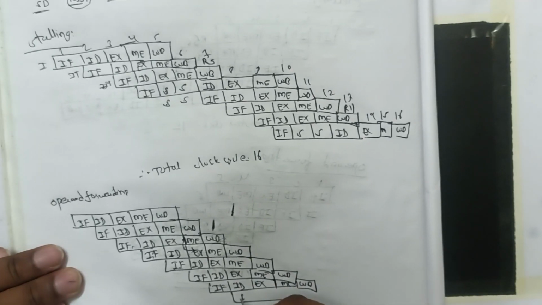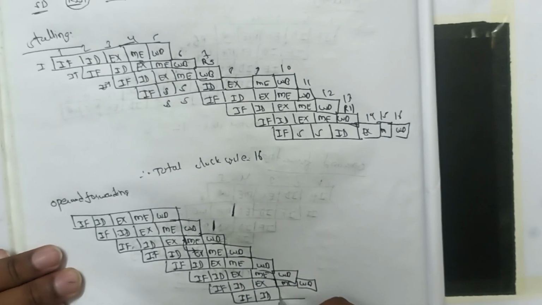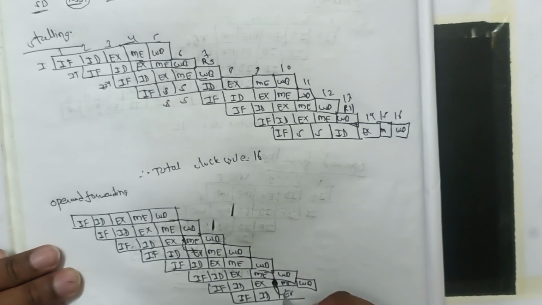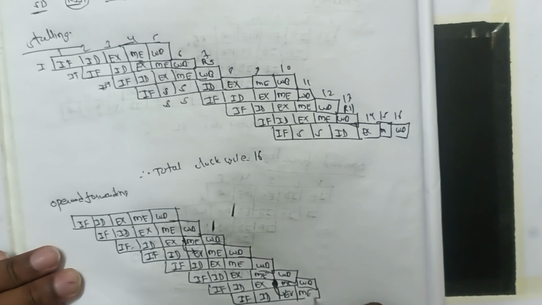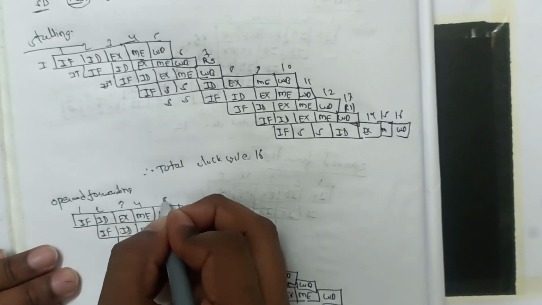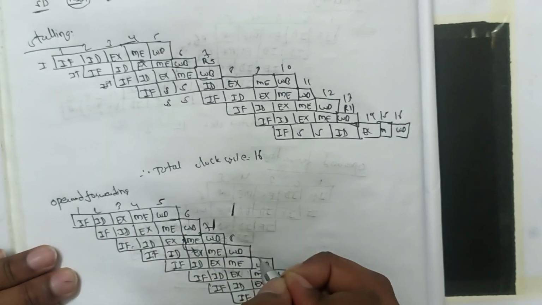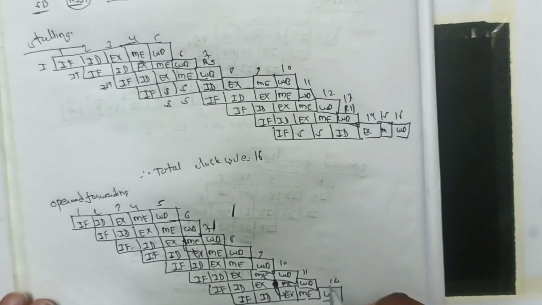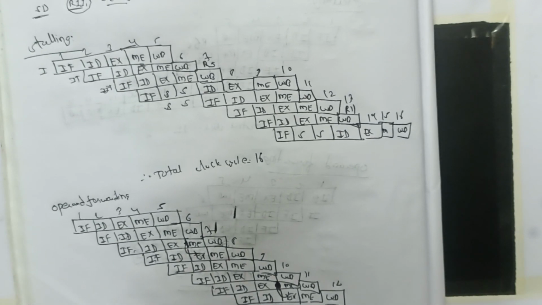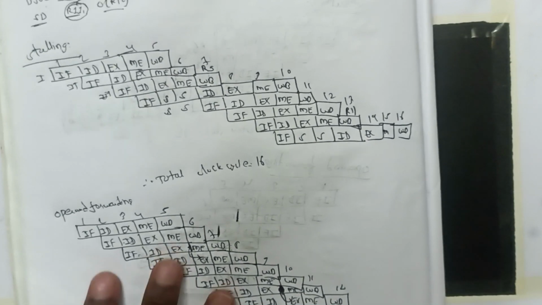It means if I take the wrong value before execution, I will get the value of R11 from there. So EX MEM WB. Then 1 2 3 4 5 6 7 8 9 10 11 12. Total clock cycles equal 12.